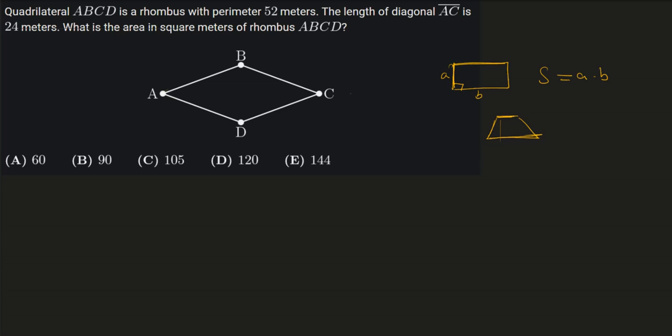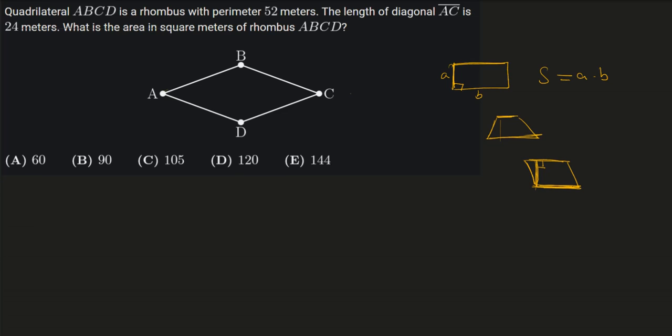But even for a parallelogram, how do you calculate the area? We may require the length of a side and then get its height, and then the area is that side times the height.